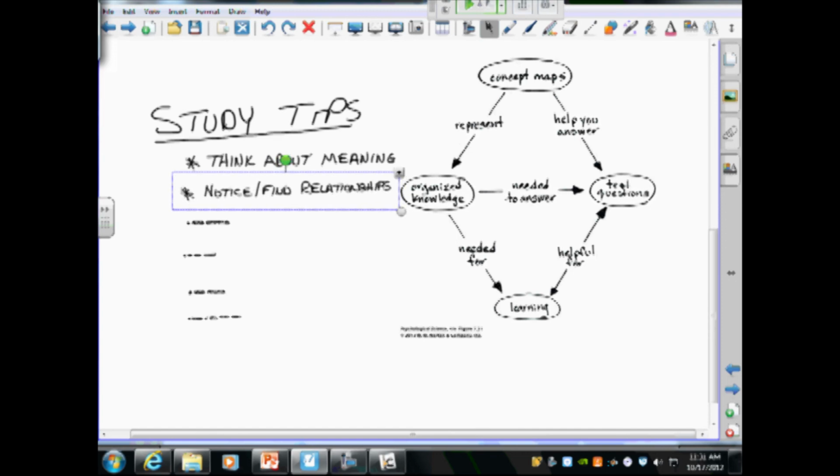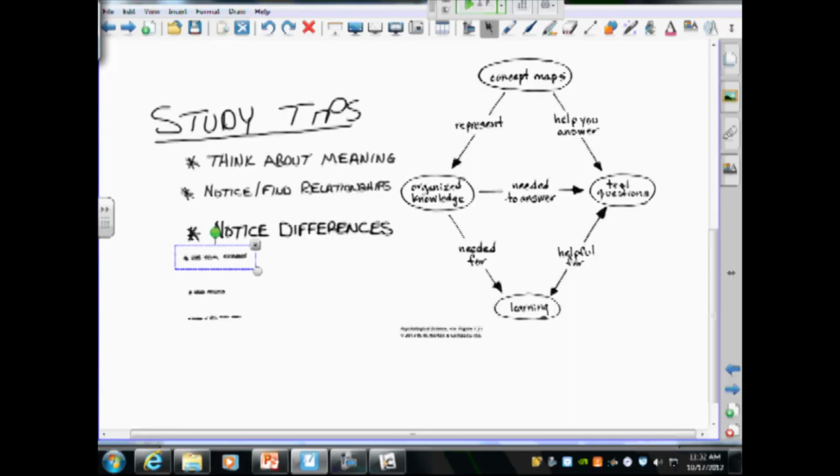Find the relationships that exist. Also notice the differences. One of the things we love to ask are questions like, how are operant and classical conditioning alike? How are they different? How does attention lead to what you learn, what you don't learn?